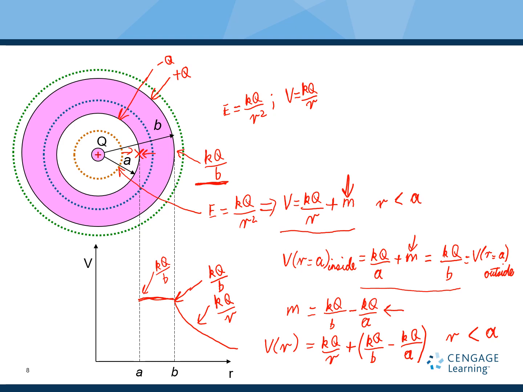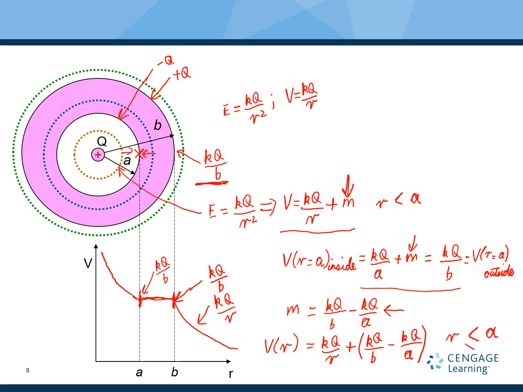So it tells you that the potential for points R less than or equal to A is in fact given by a 1 over R shape, but with an additional constant added in, and so it will look like this. Notice that there is therefore no jump in the potential here, neither is there a jump in the potential here.